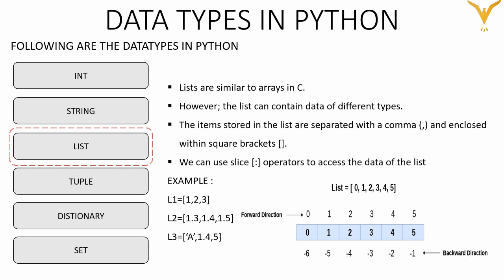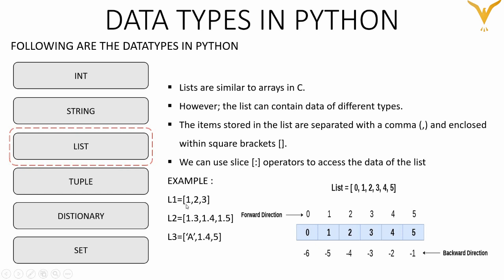Now to fetch or access the data of the list, we have to use the slice operator. Slice operator is nothing but the square brackets and the colon. Whatever the elements inside the list, we have to fetch them using the index number. Now here you can see the example. We have created three lists.